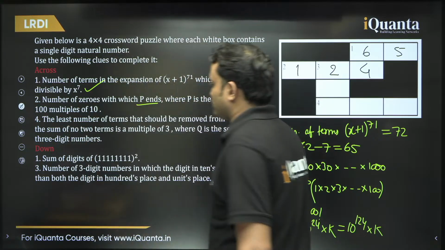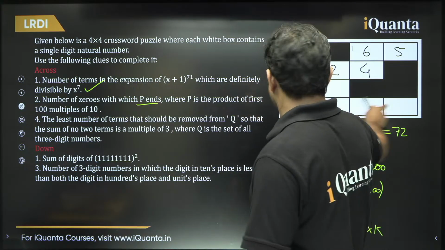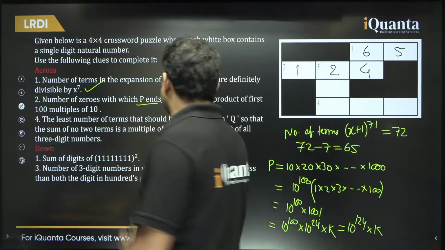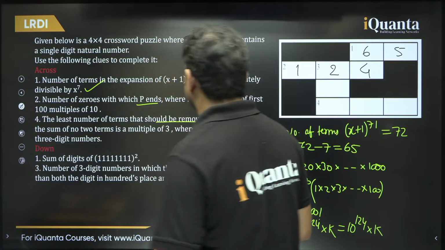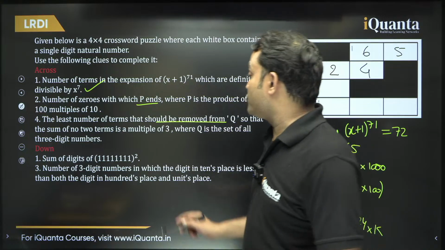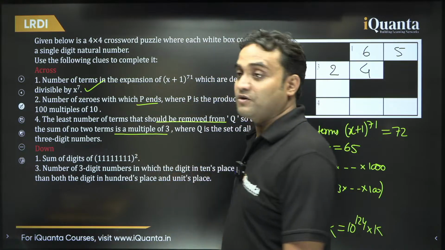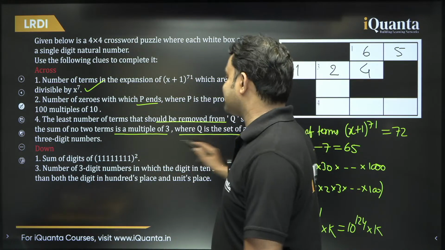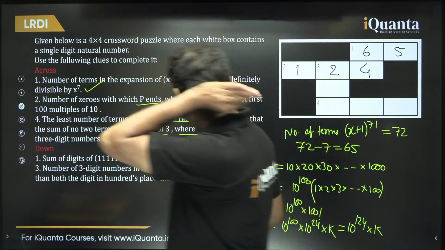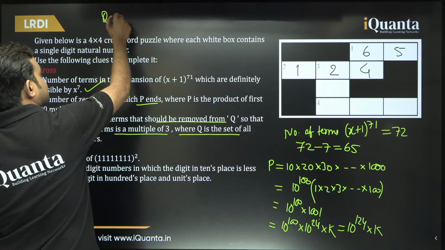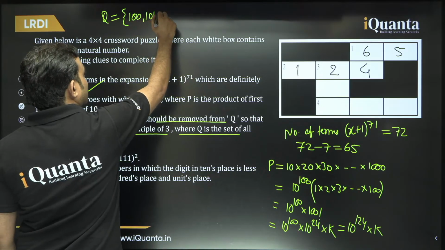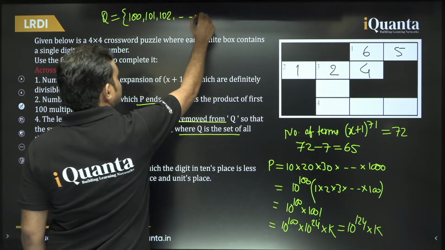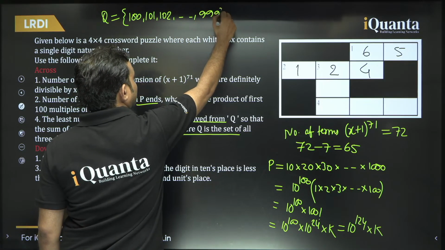Then the fourth one, across 4 here: the least number of terms that should be removed from Q so that the sum of no two terms is a multiple of 3, where Q is the set of all 3-digit numbers. So basically Q is the set of all 3-digit numbers starting from 100 to 999, right?